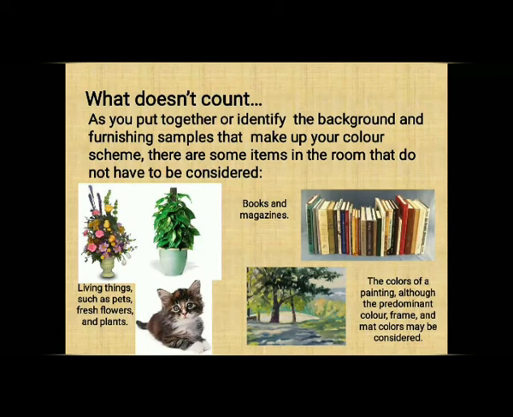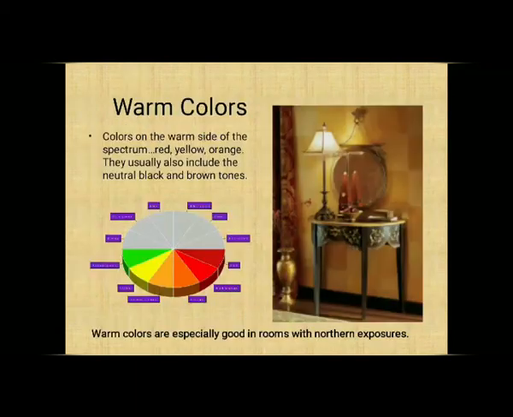Okay, next part of this class is warm colors, cool colors, and dark colors. Warm colors are, if you notice the color wheel, half of the colors on the wheel, from red to yellow and green. These are called warm colors. They usually also include neutral black and brown tones.